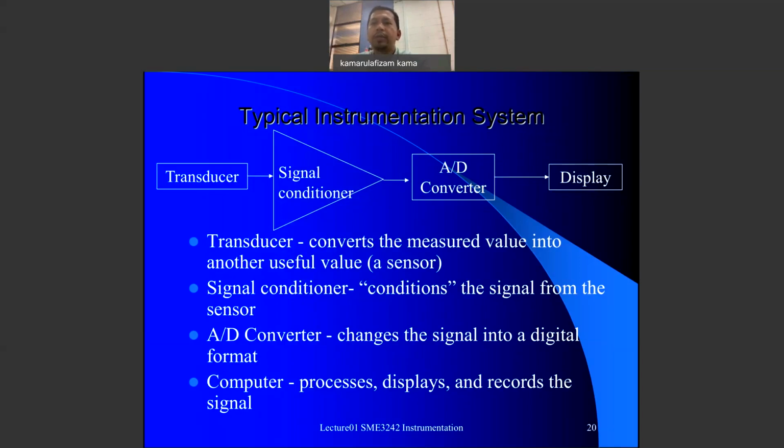All right, so we need a signal conditioner to recondition the signal so that it can be channeled to the next block, which is the A to D and the display. So A to D basically converts the signal to digital from the analog world. So the transducer and signal conditioning blocks are actually analog blocks, and the display will usually be the digital block.